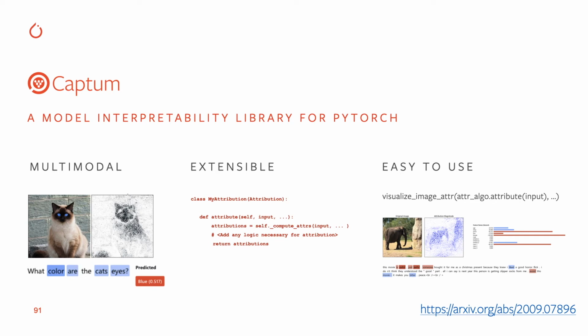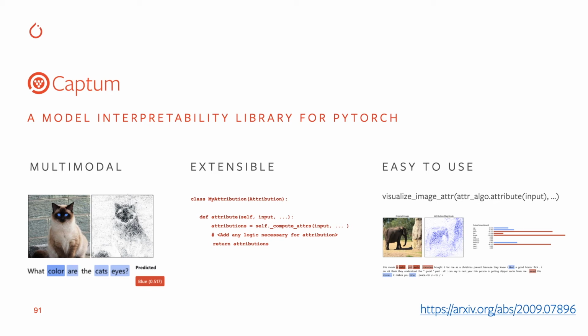The first characteristic is multimodality. This means that we can use the library for any type of PyTorch models and inputs stemming from different sources, whether it's text, image, or any other modality. Second characteristic is extensibility, which means that we can easily extend the library and add new techniques from the state-of-the-art literature.